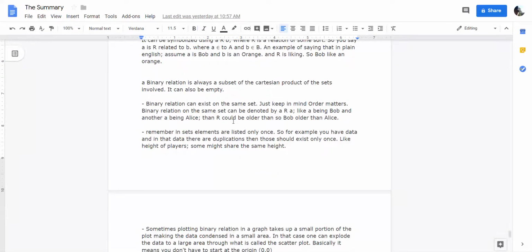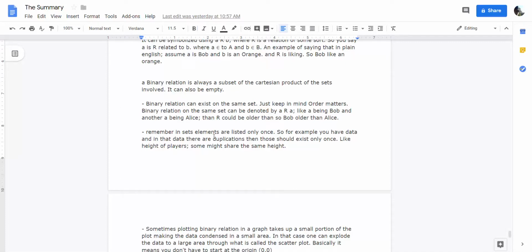The example I've given here is on the same set: you say Bob is R related to Alice, and the relation R is about age, who's older. So you can say Bob is older than Alice, but you can't say Alice is older than Bob. It just won't make sense, right?